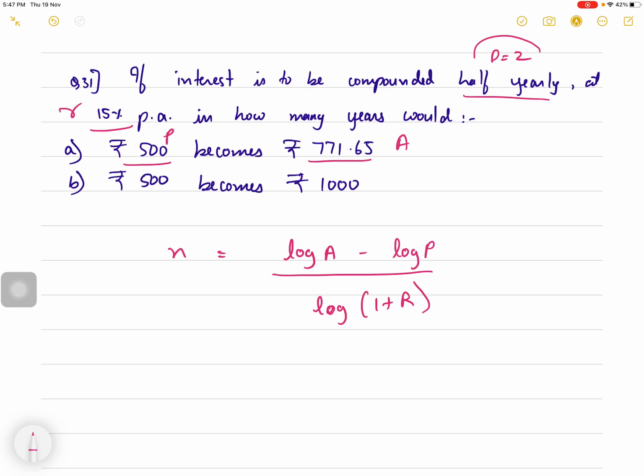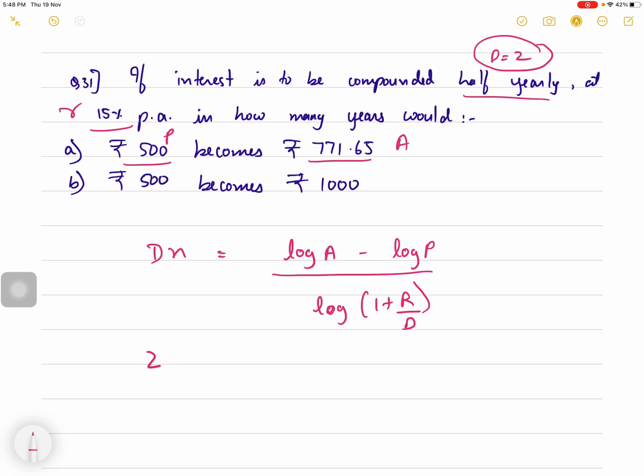But whenever there is a D, you have to multiply N into D and divide R by D. So now your formula becomes Dn is equal to log A minus log P upon log 1 plus R by D. Okay, you have the formula, you know all the amounts, please calculate.